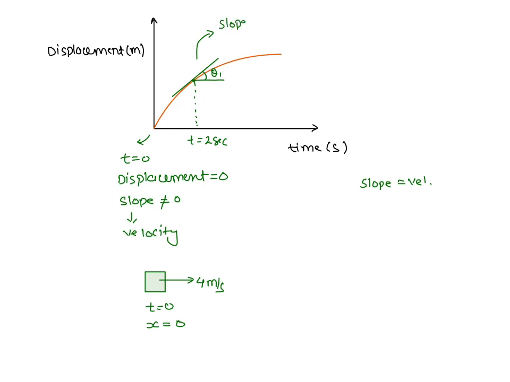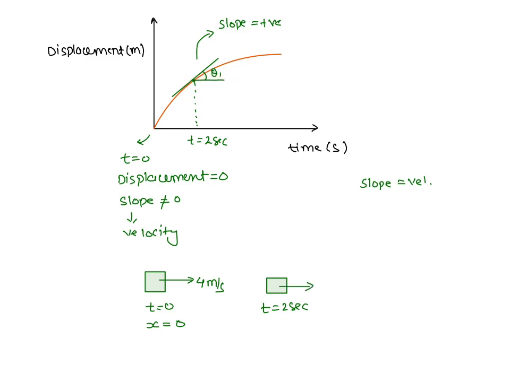Of course, slope is positive. And if slope is positive, I can say velocity of that particle is positive. And if velocity is positive, it implies the particle is moving towards the plus x direction. So at t equal to 2 seconds, our particle is moving towards the right.